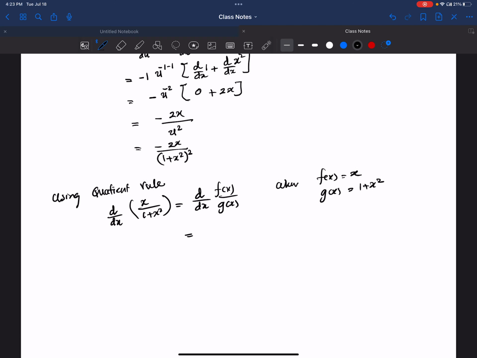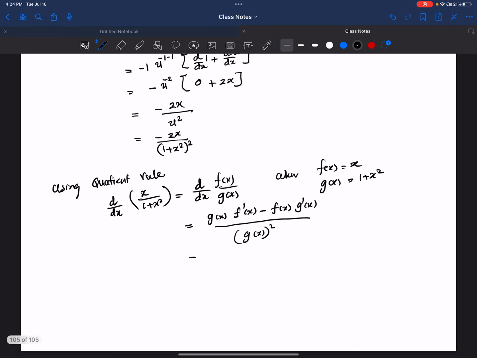So I can write g of x times f prime x minus f of x times g prime x, divided by g of x squared, right? g of x is 1 plus x squared.